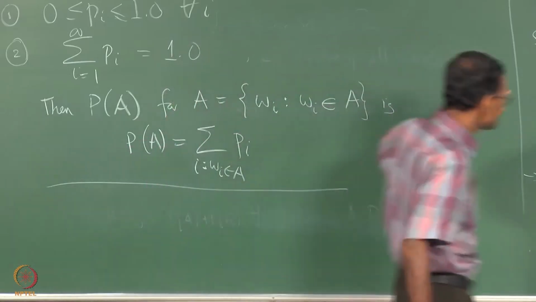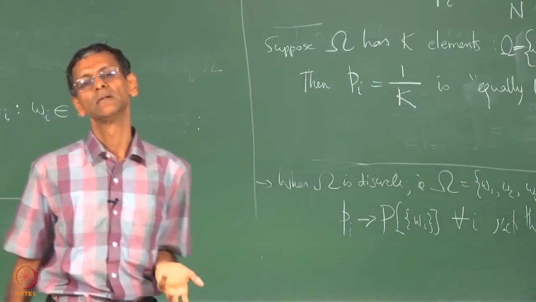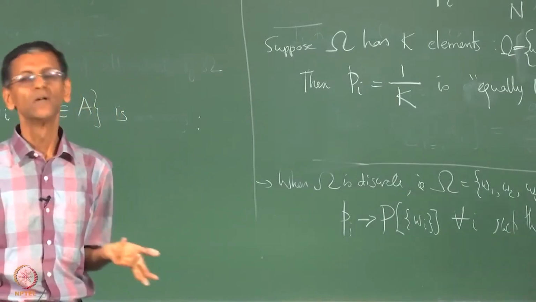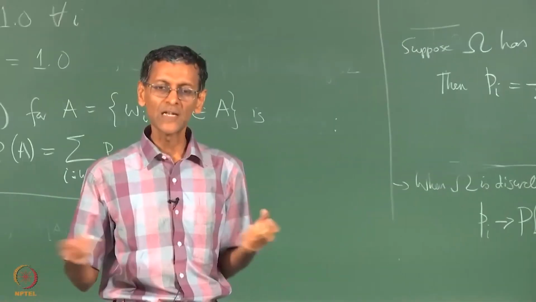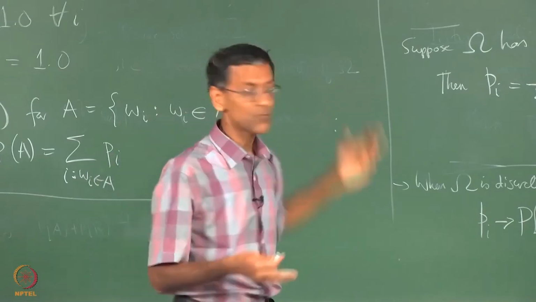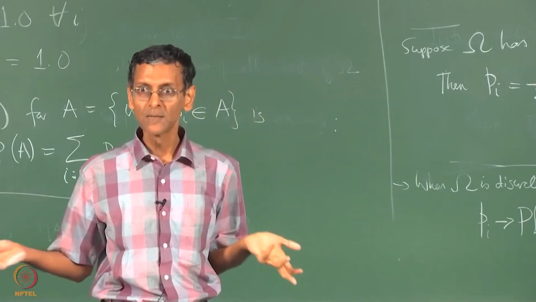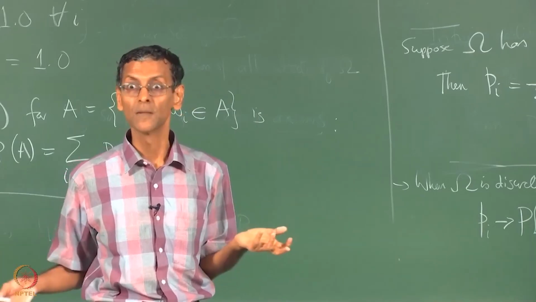So this is just one special case, but it need not always be like this. Even in the case of a finite number of outcomes, you can start off with an unequal probability distribution. The theory does not preclude that at all.